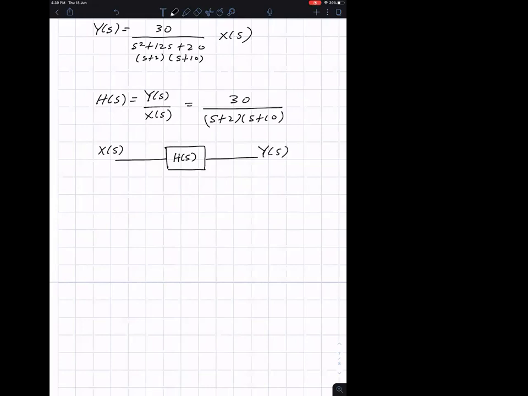Input in the Laplace domain, in the frequency domain, is X(s); in the time domain it is x(t). Output in the time domain is y(t). Okay, this is the system and this is the frequency response.